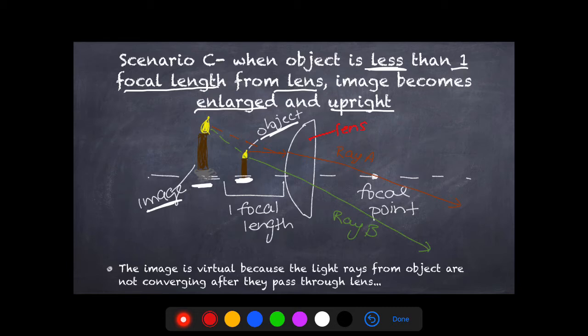So I have my lens right here. Now, I have light rays coming out of this candle, and it's going to go through the lens, through the focal point. But my object is within one focal length of the lens.